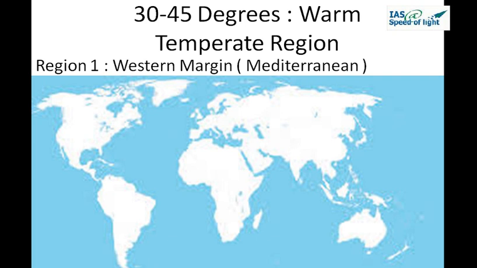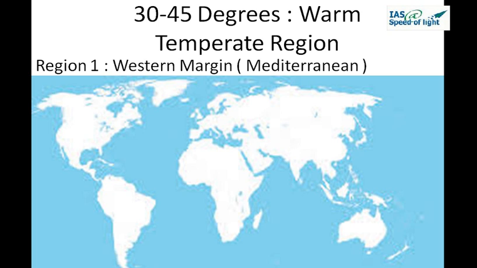Obviously, it is going to be cool as we are moving up from the equator. In the same way, there also we will study the western margin of the continents, then the interior, and then the eastern part of the continent, and then finally the tundra or polar regions, the very cold regions. So the first region, the western margin, we are starting with the western part of the continent.